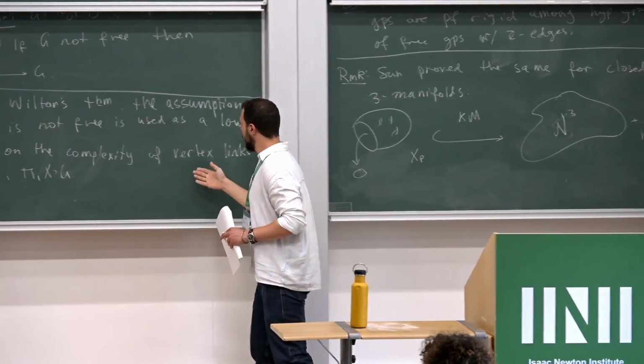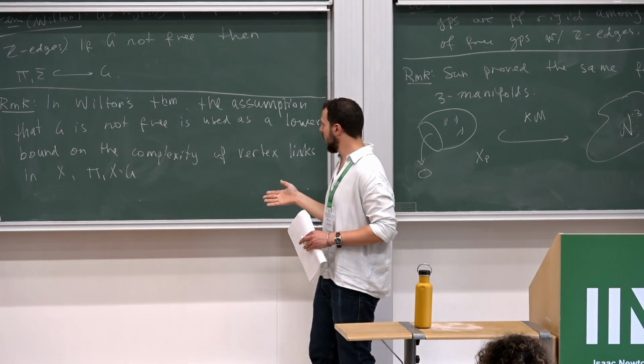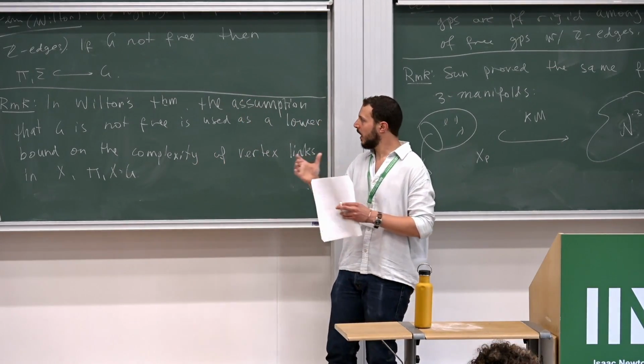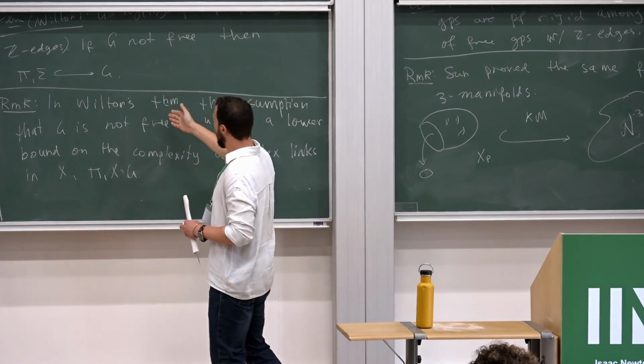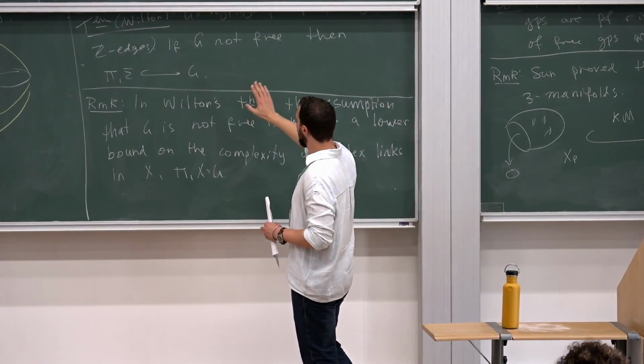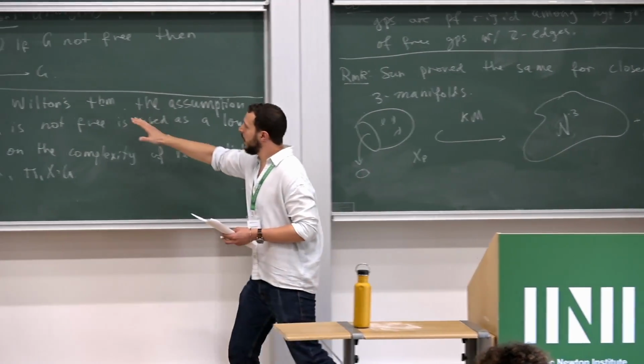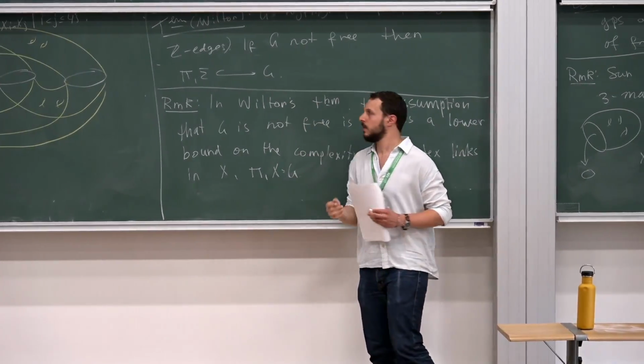And these complicated links actually allow Henry to build surfaces with boundary, whose boundary agrees with the edge groups of the original graph of groups, and kind of embed the surface into G piece by piece.